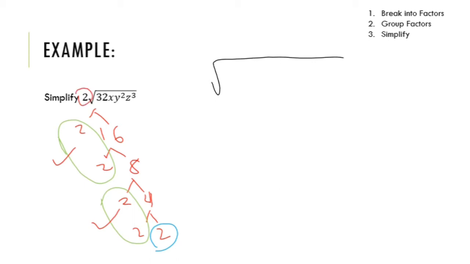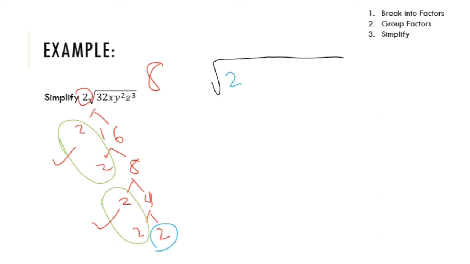So 2 times 2 is 4, times 2 again is 8. So we have an 8 on the outside. Matter of fact, let me leave some space because we're going to have to put some numbers out there. On the inside, we have that leftover 2. So we're going to put 2 on the inside there.